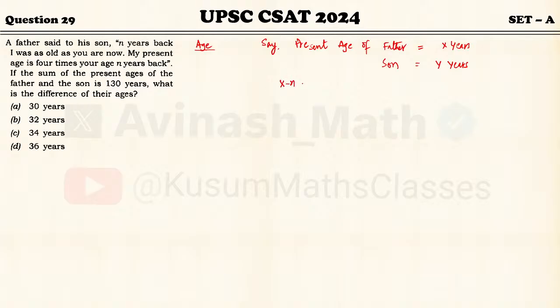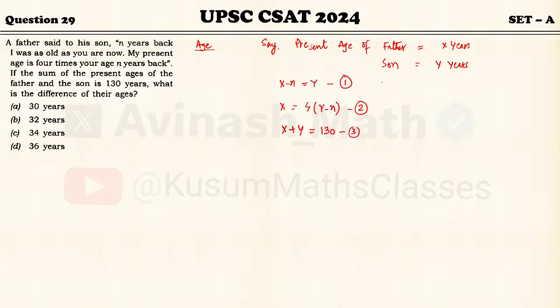X minus n, it is Y. This is the first equation, right? My present age X is 4 times your age n years back, so X is 4 into (Y minus n). This is the second, right? And third, the sum of the present ages, X plus Y is actually 130. This is the third equation, right?